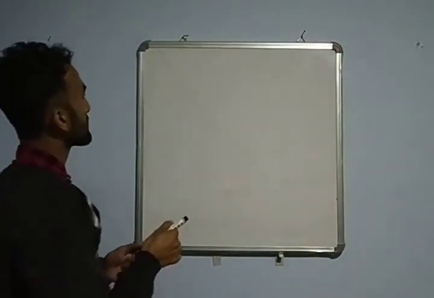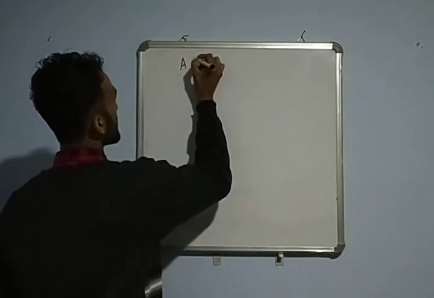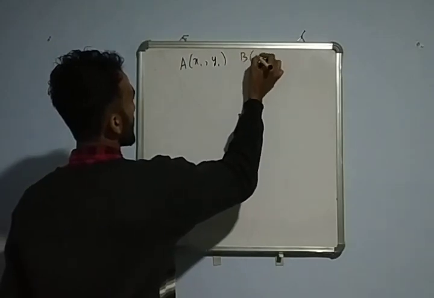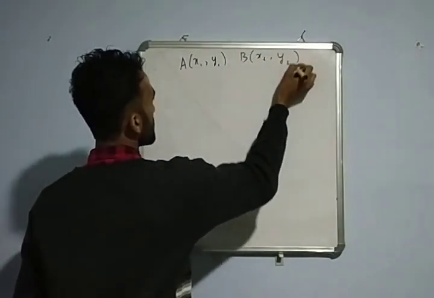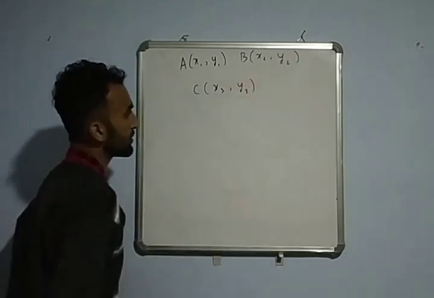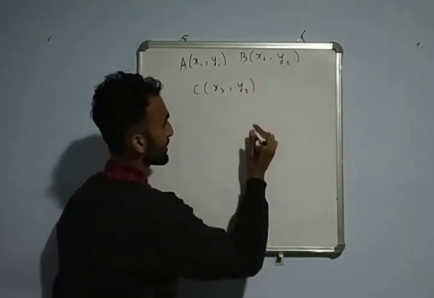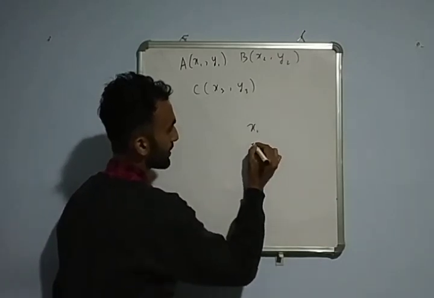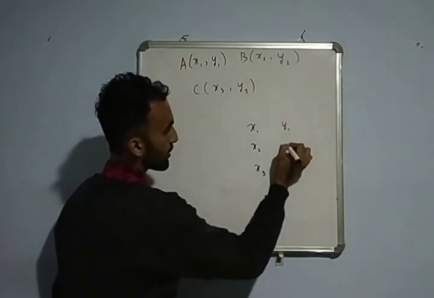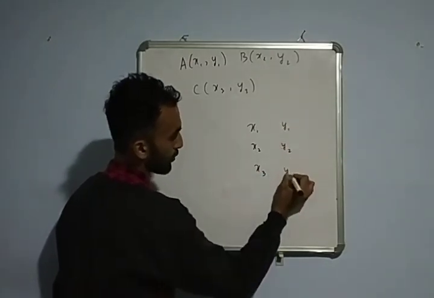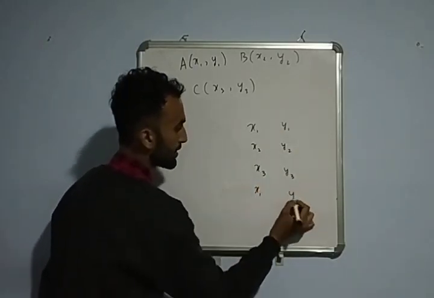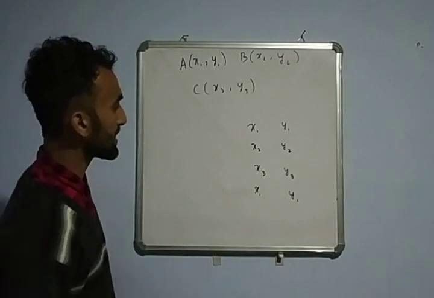Okay, one shortcut trick. Suppose there are 3 coordinates given to you: A (x1, y1), B (x2, y2), and C (x3, y3). What you do here, you make 2 columns: x1, x2, x3 and y1, y2, y3, and write down the same thing here again, x1, and y1. So that instead of crossing, I'll tell you why.